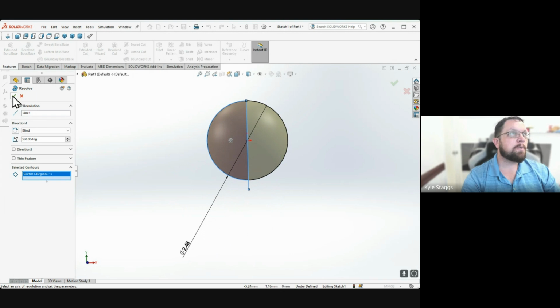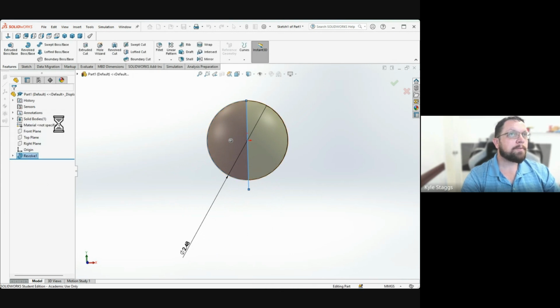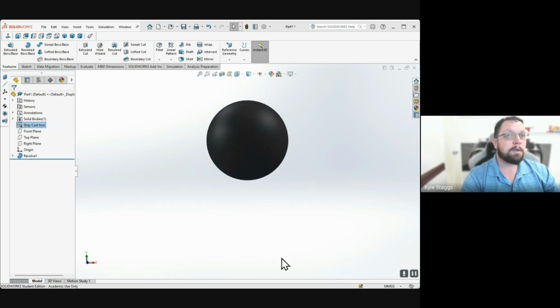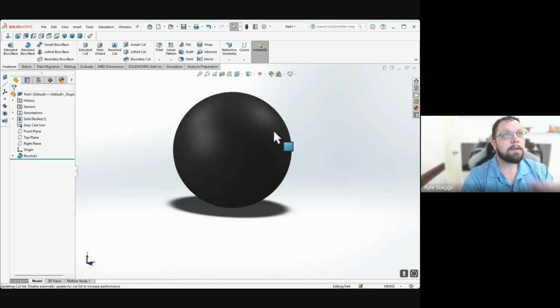We're going to create the sphere just for kicks and giggles. We're going to not configure the material, but select it. So we're going to do gray cast iron. So we're going to do iron spheres.